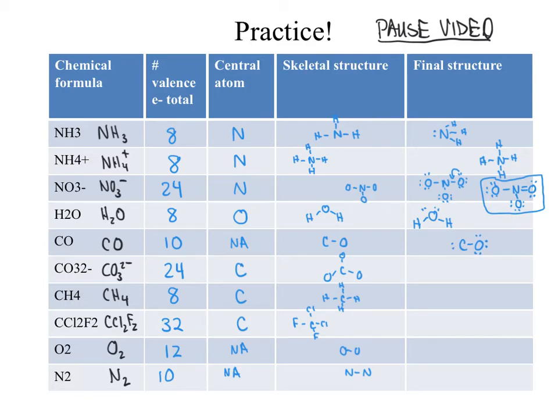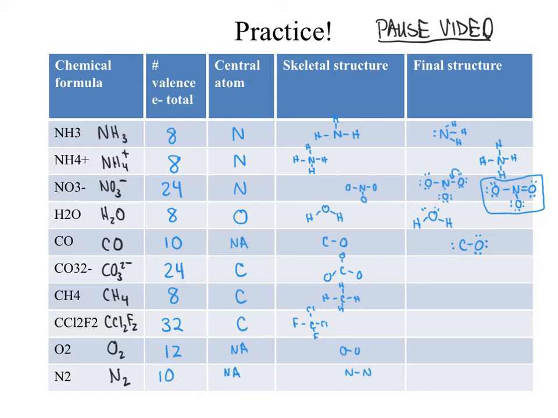Okay, so that looks kind of weird. Let's see what we can do here. So we have right now, this carbon only has 4 electrons. The oxygen has 8, but the carbon only has 4. So we're going to need to start making some double bonds to try to get things to the point where we have 8 electrons around everything.